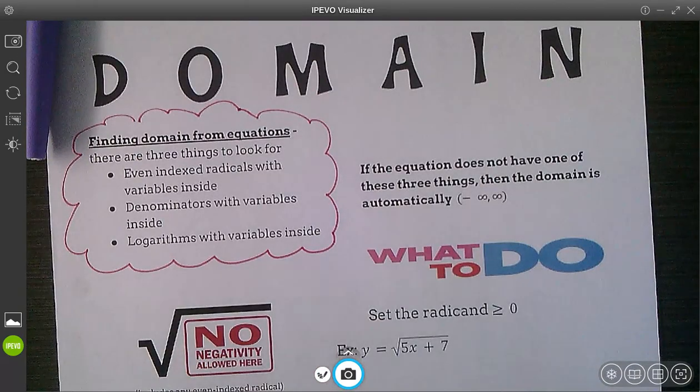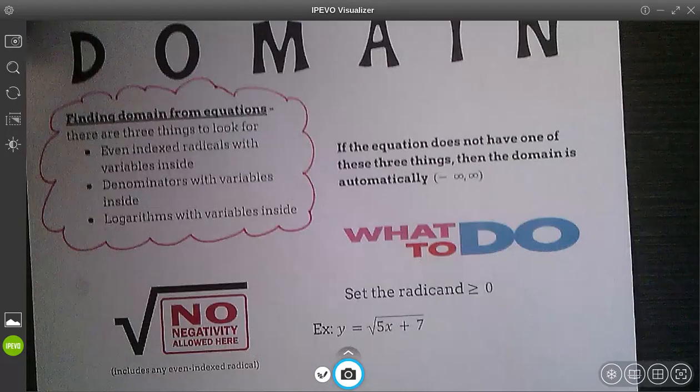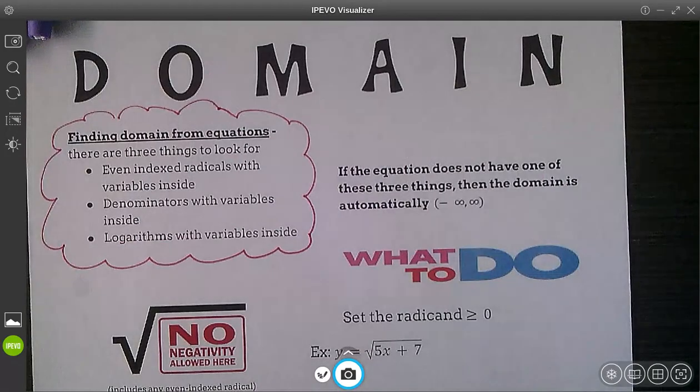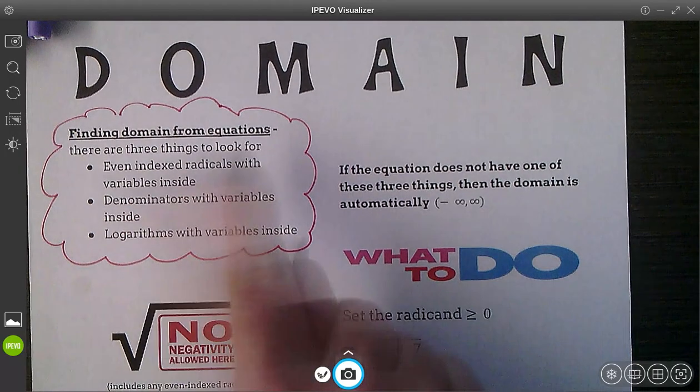This page is going to be super important. You might want to put a little flag on it or something, because we're going to have to come back to domain time and time again. And we have to be able to figure out how to approach the domain.